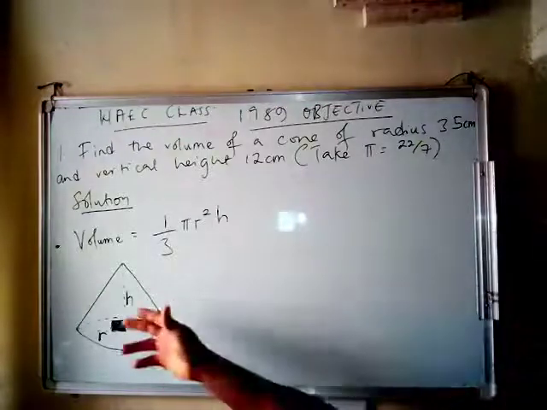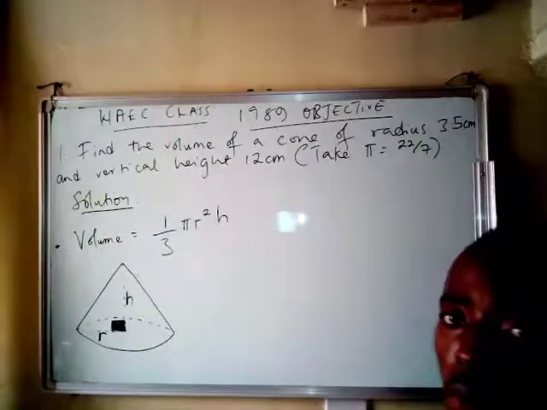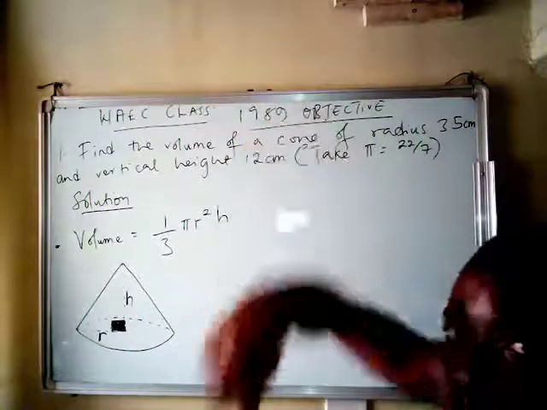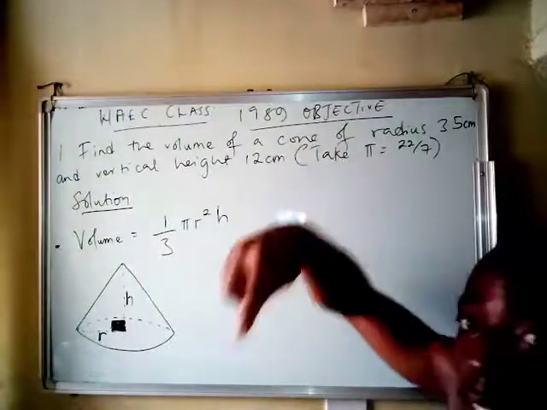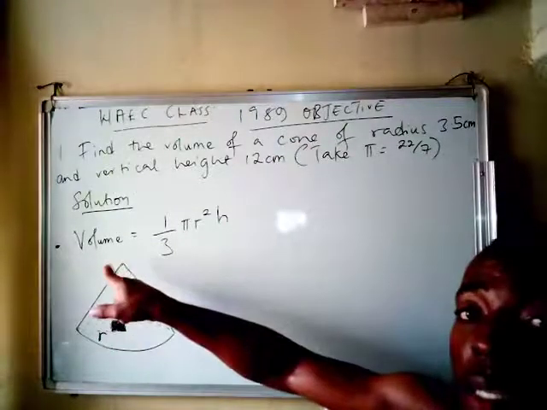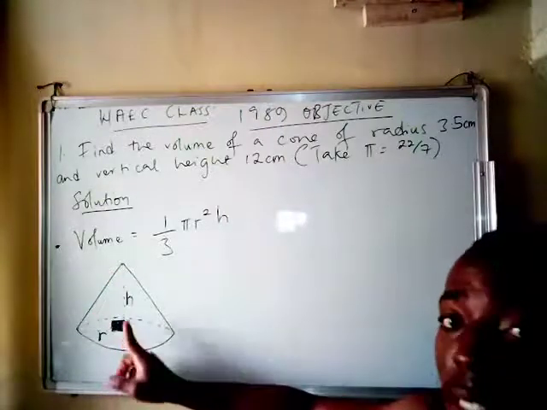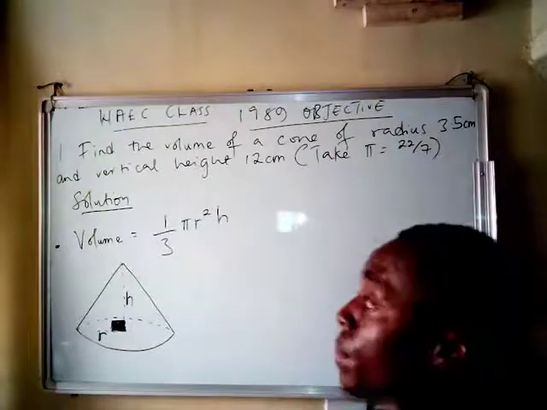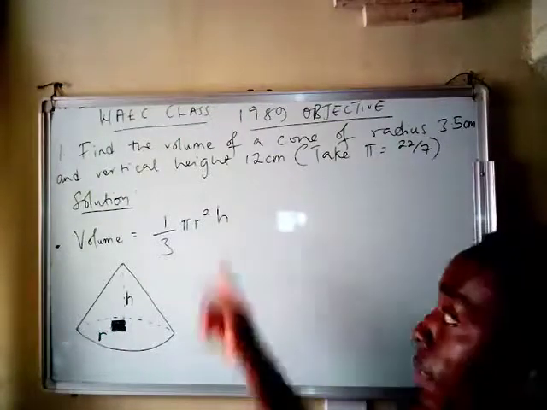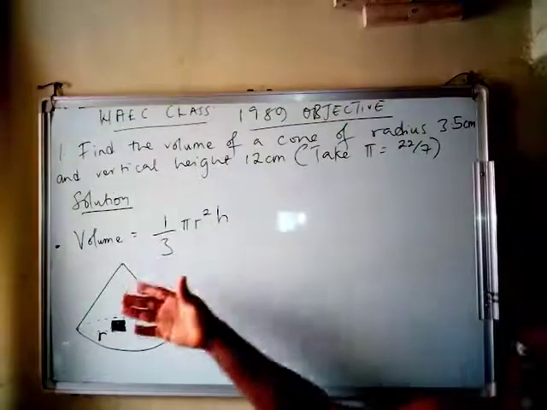Now if you look at that too, do you see that a cone has an interior, vertical height that drags from the apex here down to the base, down to the center of the circular base? So it has a height. So we're talking about the area, and it has a height on the area.